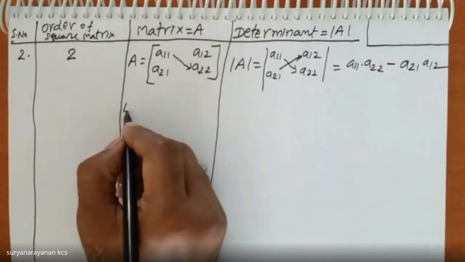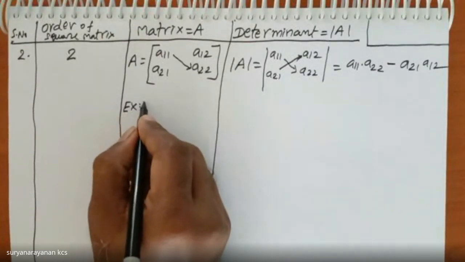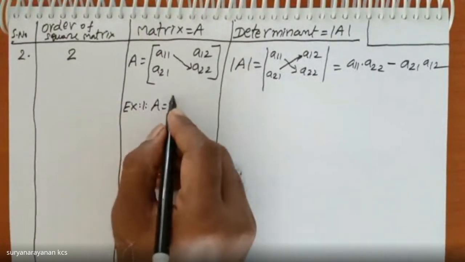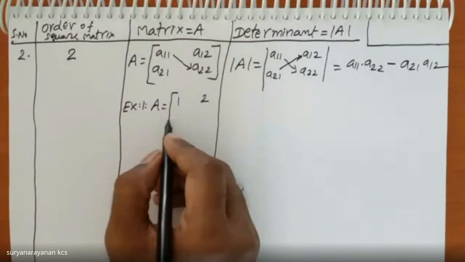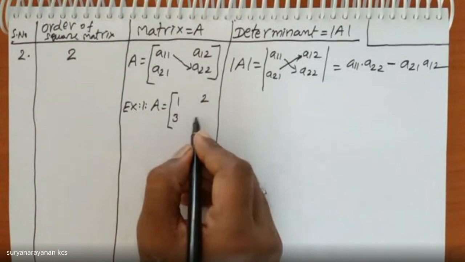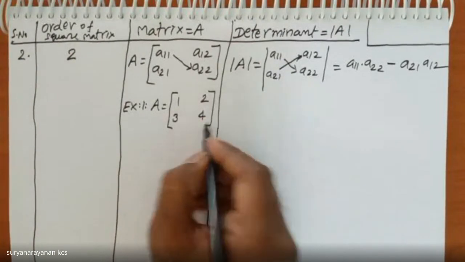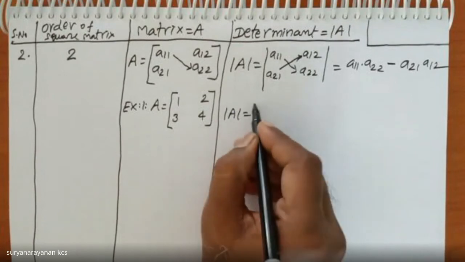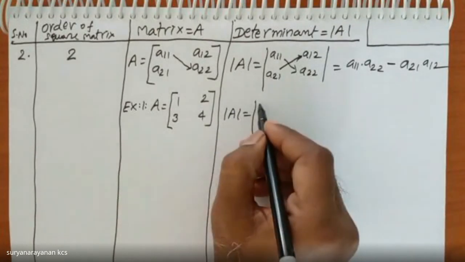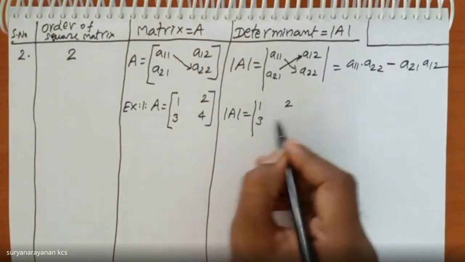Let us take an example. A is equal to the matrix 1, 2, 3, 4. Then det A is equal to det of 1, 2, 3, 4.